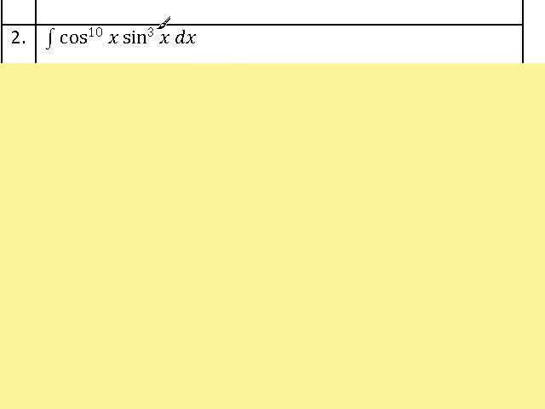In number 2, we have the exponent of sine is odd. So we're going to pull off one sine and put it next to the dx. And then we can change sine squared to 1 minus cos squared.